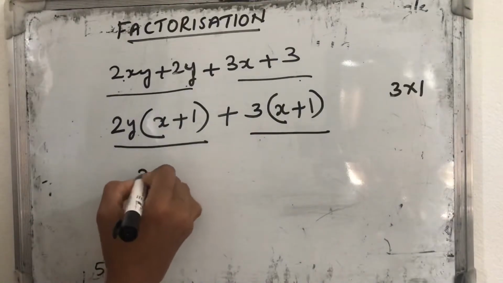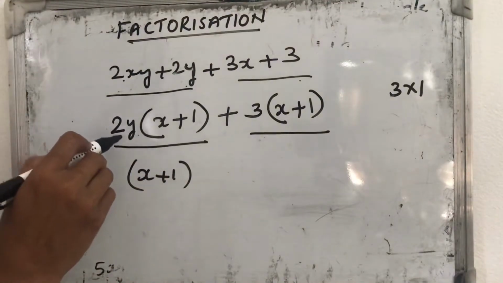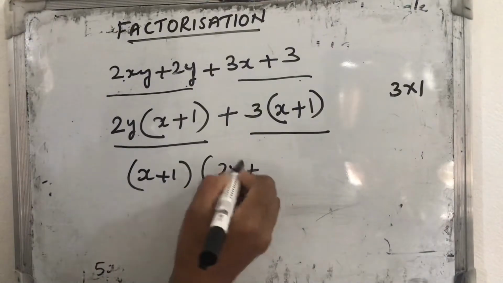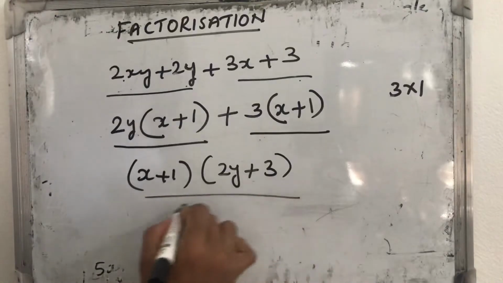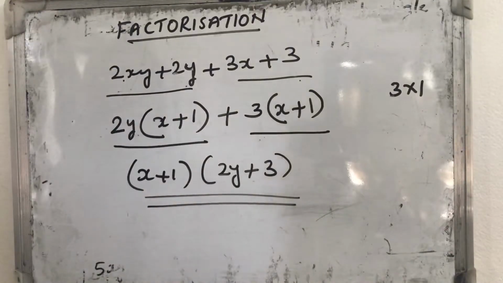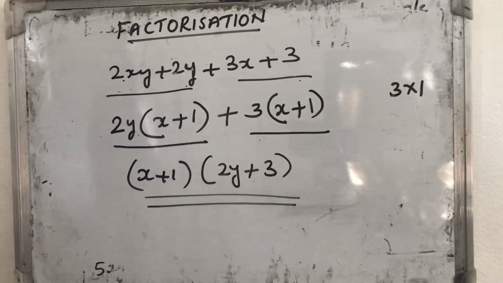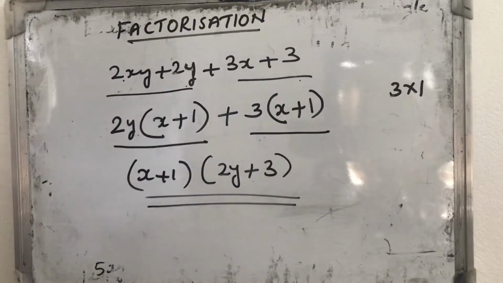So when we take x plus 1 outside, in the first term 2y remains, plus in the second term 3 remains. So these are the irreducible factors of this given expression. We can write this as x plus 1 into 2y plus 3. That is very easy in this case.